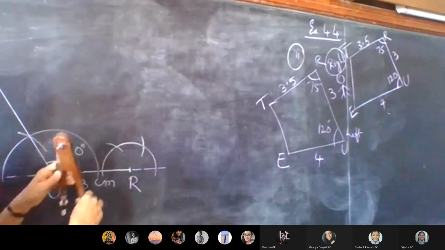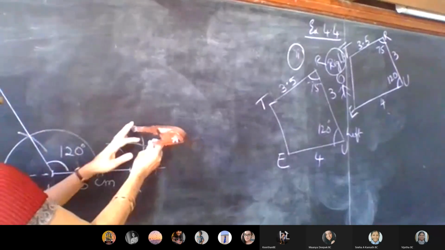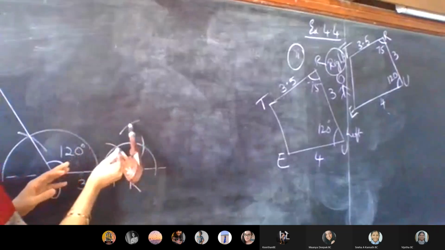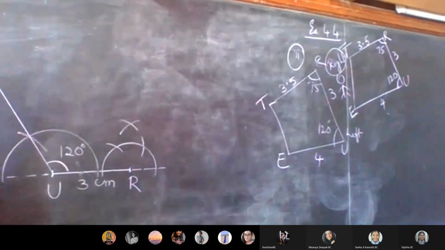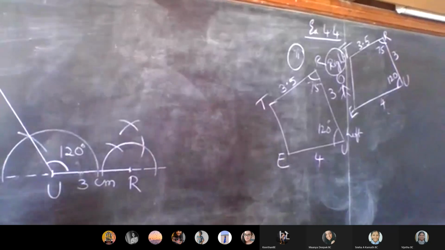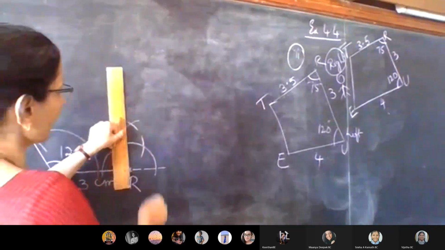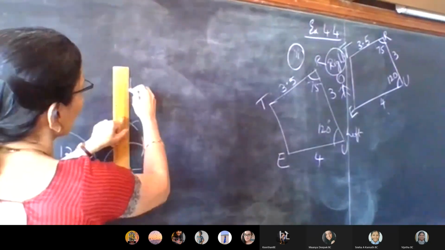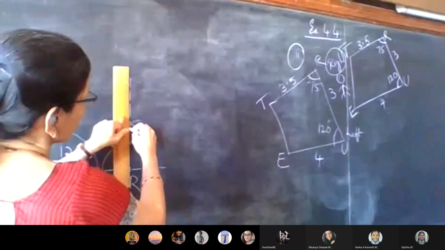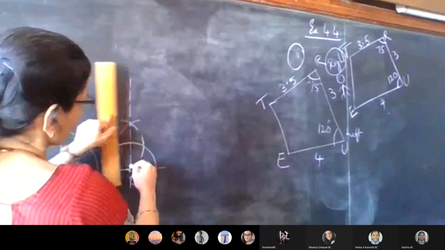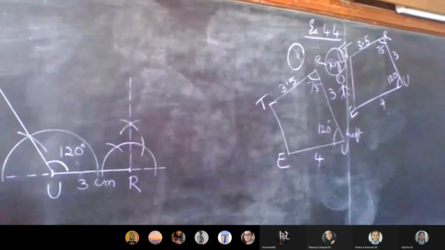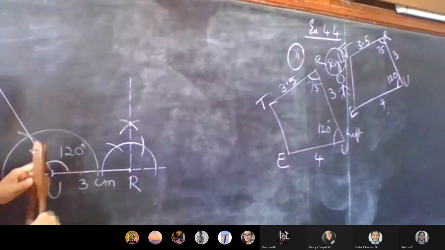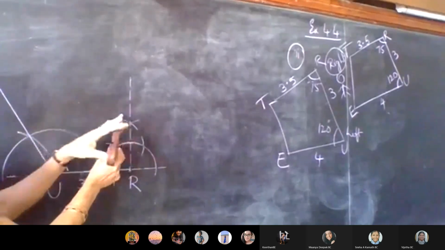Second 60 I am bisecting. So second 60 bisected. I am just drawing dotted line because I don't need this 90 degree line. Now cut the second, this 30 you cut, so 75 you will obtain.